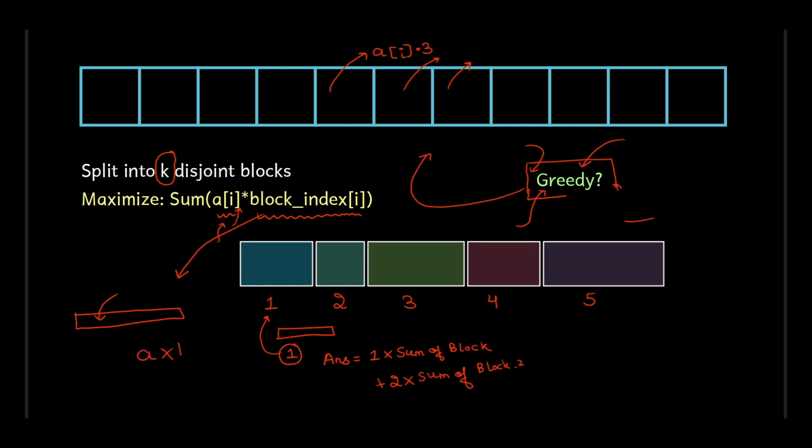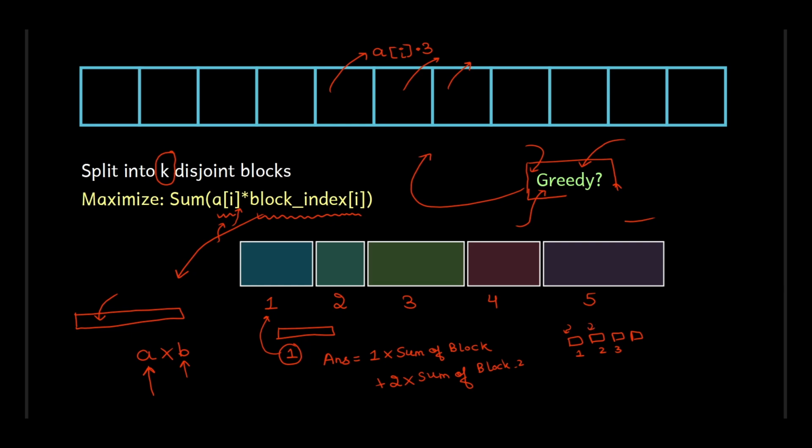You want to maximize a into b, but if you increase this a, which is basically the sum of elements in the block, then for this b you won't get a lot of benefit. But if you try to increase this b, that is, if you want to have as many blocks as possible, then the sum of elements inside a block will not be that much, because now each block contains only one element.